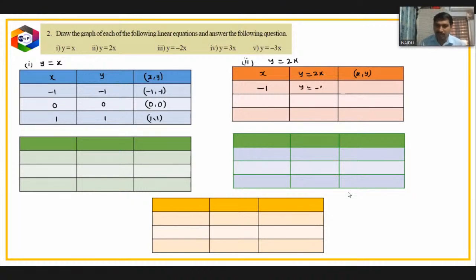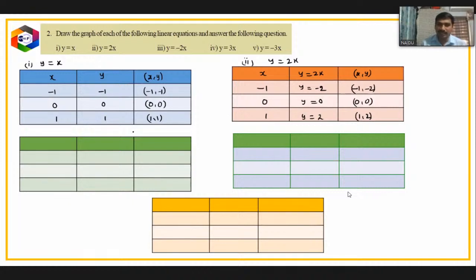And if you take x value 0, 2 into 0 is y, so y will also be 0. So the solution is 0 comma 0. And now let us take x value +1 this time. 2 into 1 is also 2. So y value is equal to 2. So the point becomes finally 1 comma 2. So we got the solutions for y equal to 2x also.